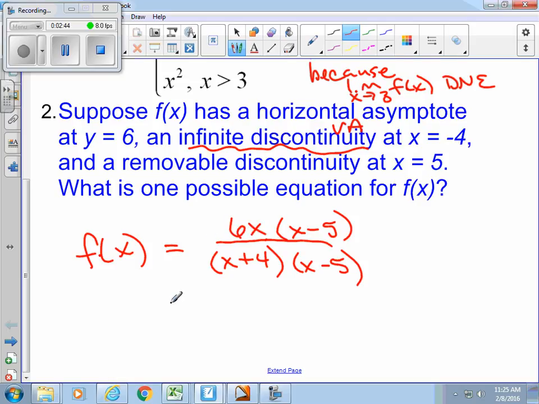Why 6x? Good, I need the same degree to make it have a number answer, and so he threw an x. That's the easiest way to do that. You could throw an x plus 2 if you wanted to, but the easiest way to put an x up there is just to put an x and a 6 to make the horizontal asymptote y equals 6. Very good.